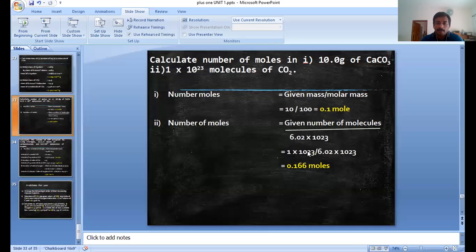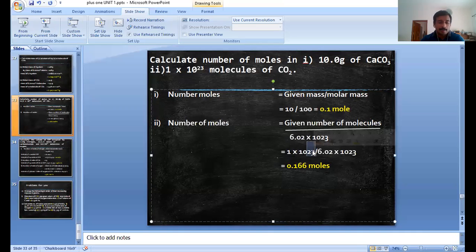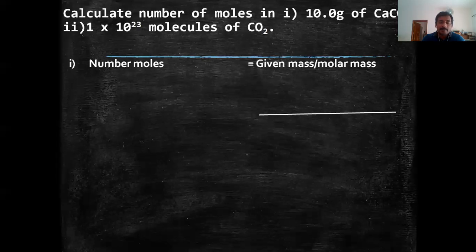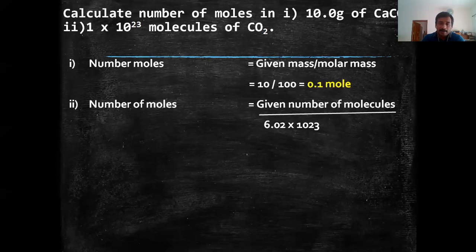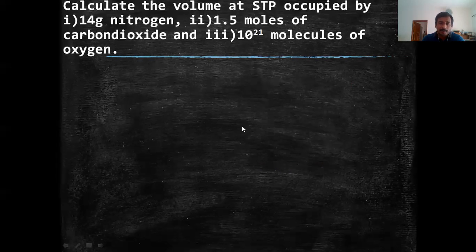So if you divide it, you will get the correct answer, that is 0.166 moles. And if it is not clear, as I already mentioned, solve it again and again. Do it 2 or 3 times. Then it will be clear to you. Now we can go to the next question.